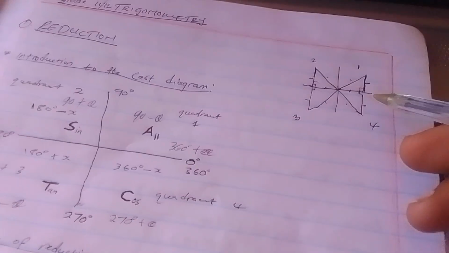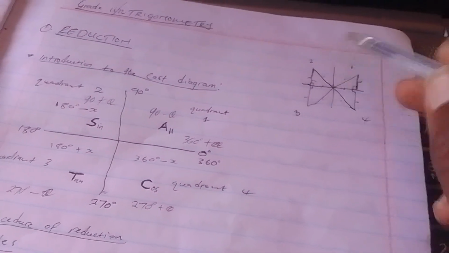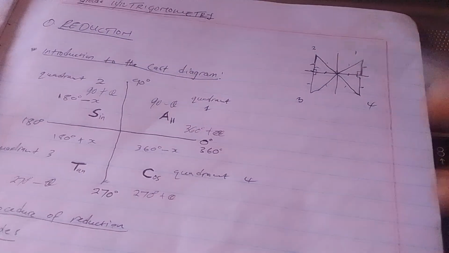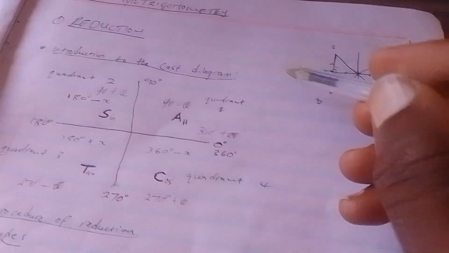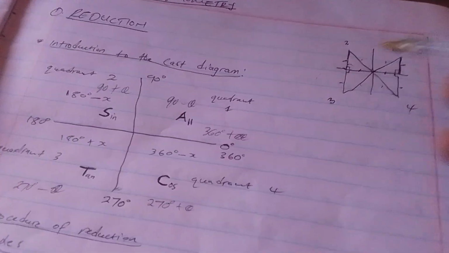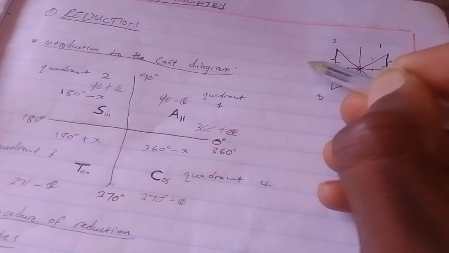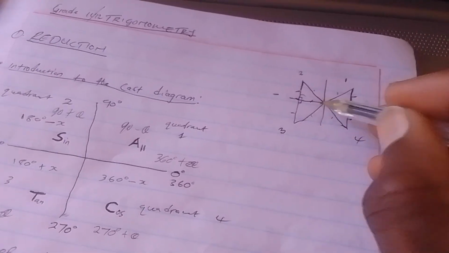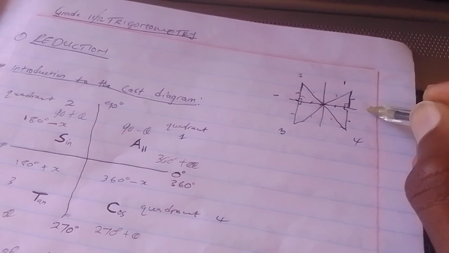So I'm done showing you how to draw the right angled triangles on our Cartesian plane. This will help you attempt other questions as well. You can see that from our origin to the left side, the numbers are always negative, and from our origin to the right hand side, our numbers are positive.